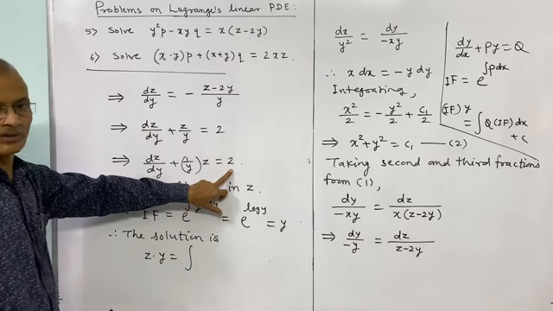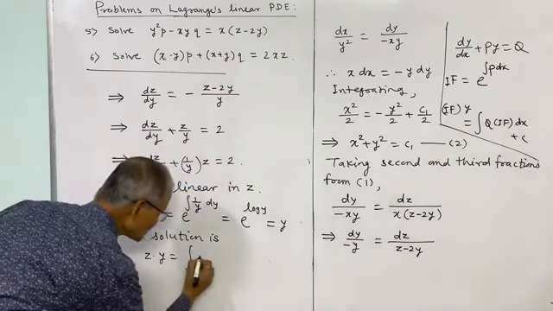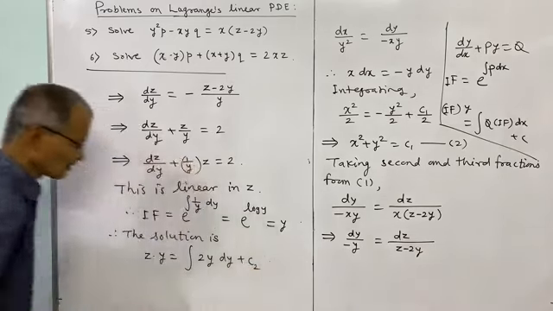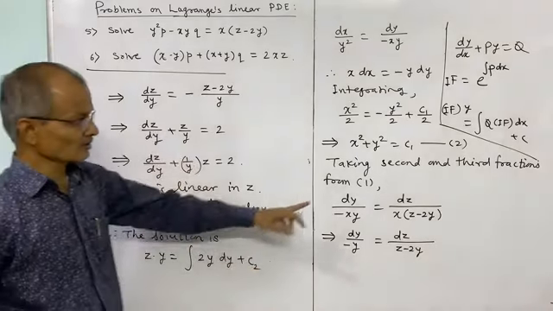The right side value is 2. 2 into IF, that is 2y dy plus a constant, and that constant we shall write c2. C1 constant is used earlier.